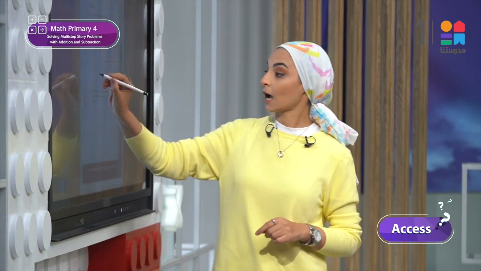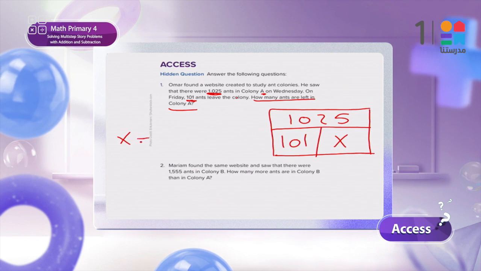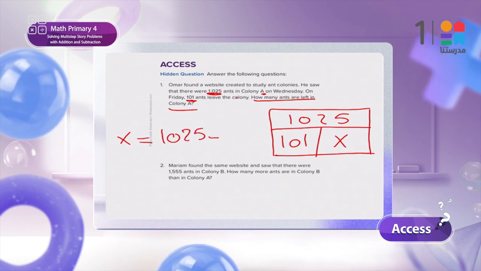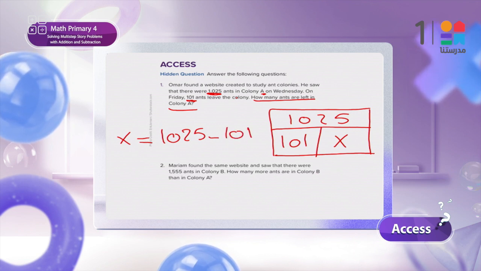The equation we will form will have the numbers on one side and the unknown part on the other side. So I have two sides: one side with my unknown part and one side with my numbers. How will I write my equation? I will write x equals 1,025 minus the known part, which is 101.